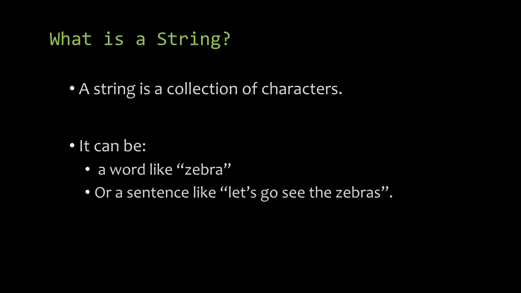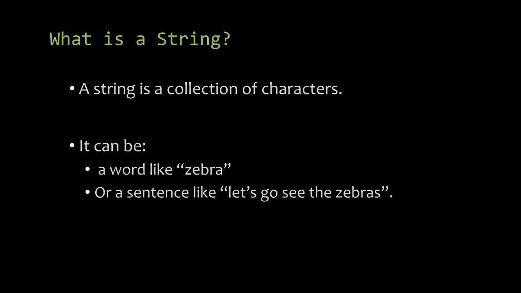But if we sit back and talk about what a string truly is, a string is a collection of characters, individual characters, okay? From a programming point of view, it's very important we understand that. It is a collection of individual characters. And in some cases, each one of those characters can mean something, okay?